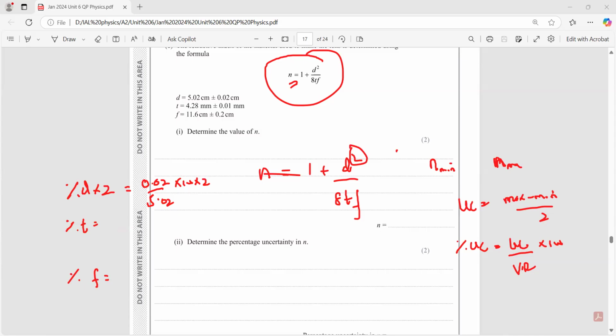And this will be 0.01 divided by 4.28 into 100. And this is 0.2 divided by 11.6 into 100. And after getting the percentages, what will we do? We'll simply add the percentage uncertainty in d into 2 plus the percentage uncertainty in t plus the percentage uncertainty in f. Is it clear?